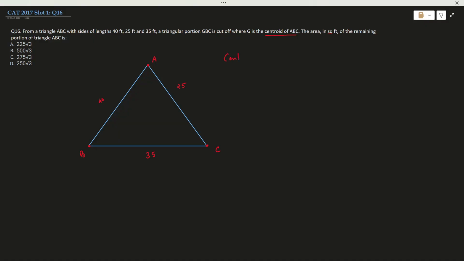Okay, when I say centroid of a triangle, I mean the point of intersection of the three medians of the triangle.